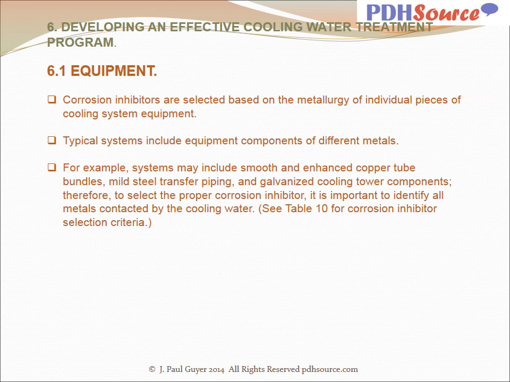For example, systems may include smooth and enhanced copper tube bundles, mild steel transfer piping, and galvanized cooling tower components. Therefore, to select the proper corrosion inhibitor, it is important to identify all metals contacted by the cooling water. See Table 10 for corrosion inhibitor selection criteria.